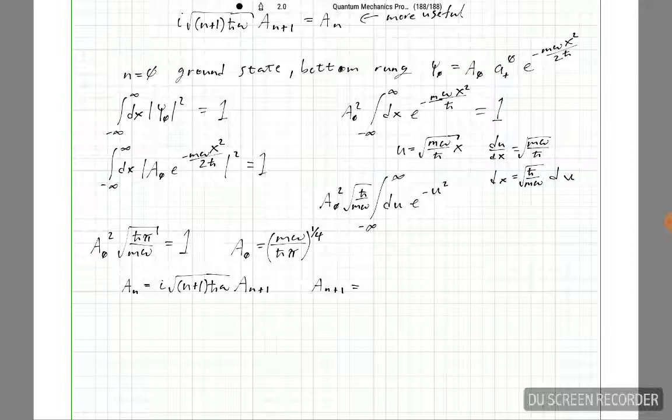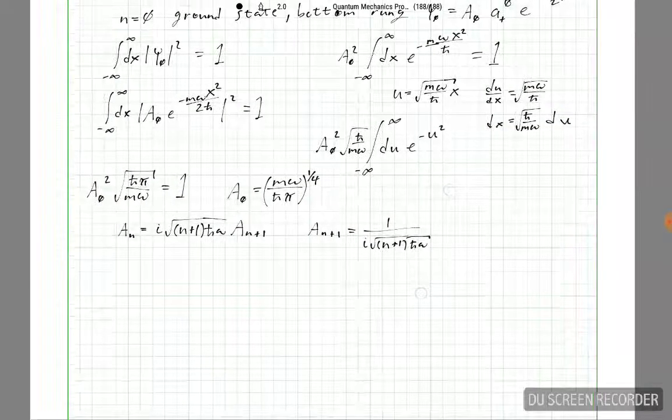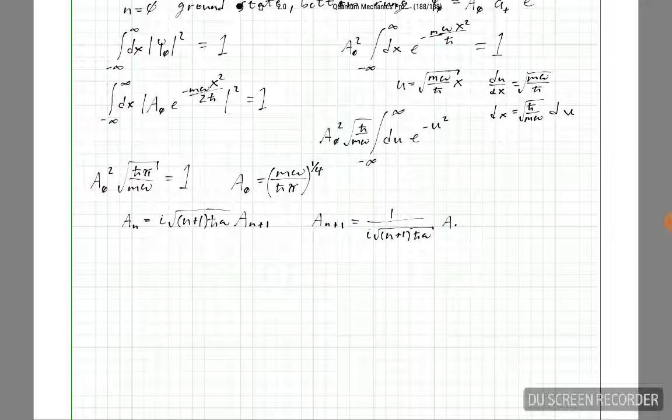So then I get 1 over i square root of n plus 1 h bar omega times a n. I'm going to clean that up just a tad, just because it gets confusing. So I'm just going to put a negative i on top. That's just to help out. n plus 1, and then that's a n.